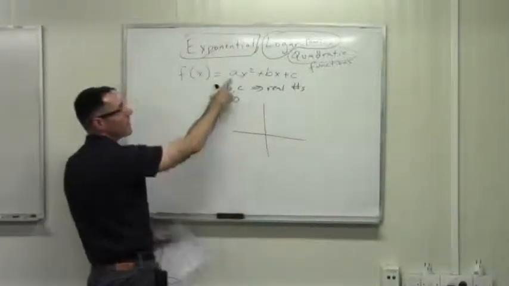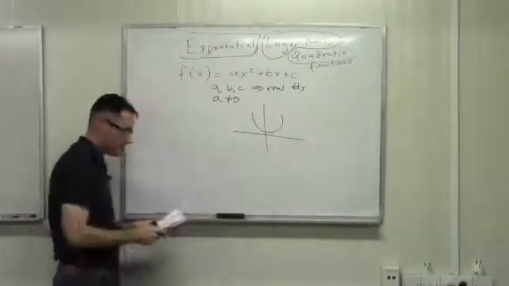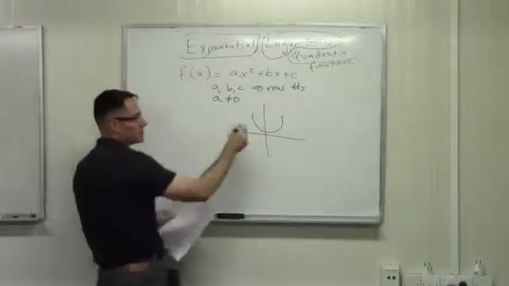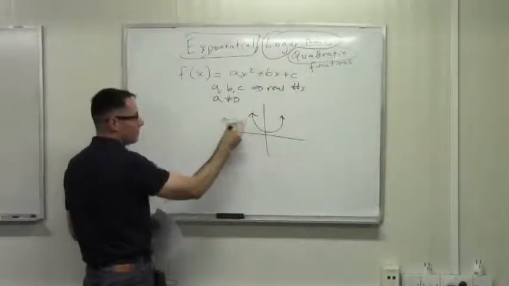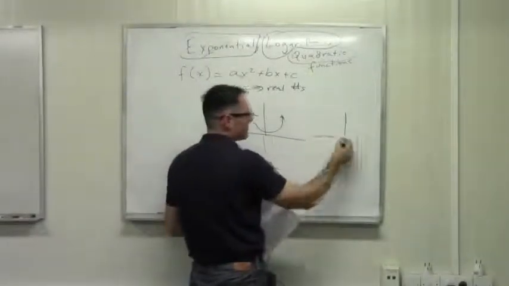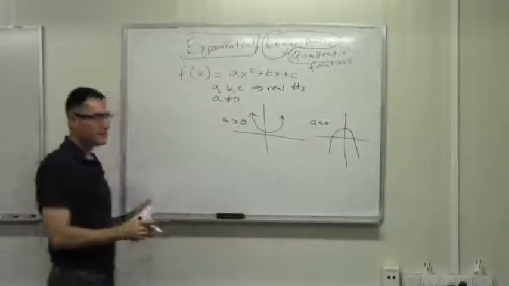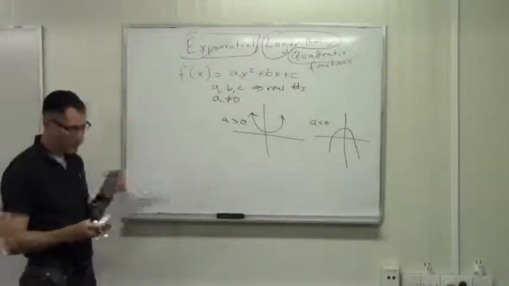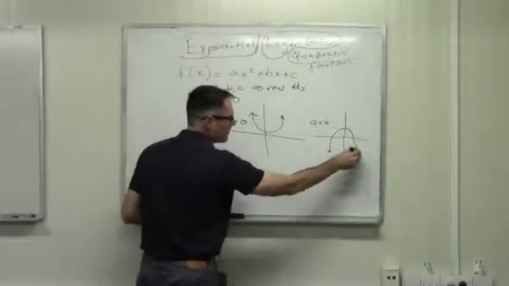If a is greater than 0, the parabola opens upwards. What do you think it looks like if a is less than 0? It goes downwards like that. You can put the arrows on there if you want, because it goes on forever.